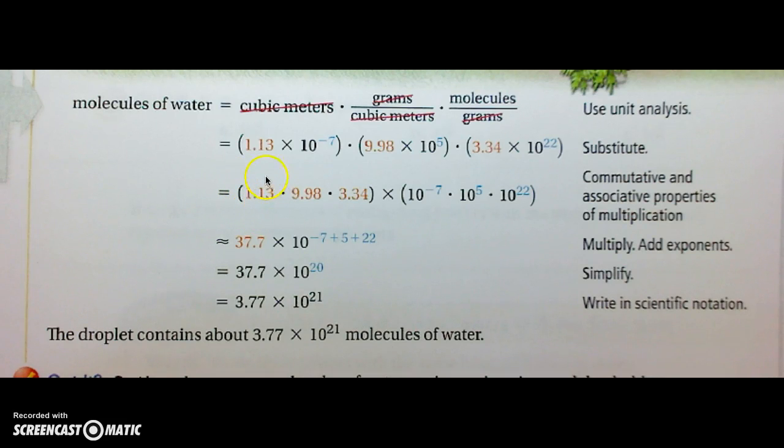So we can take these numbers here and multiply them, so put it in the calculator. And then here we have the same base of 10, so we take the negative 7 plus 5 plus 22, and we end up at 20. The droplet contains about 3.77 times 10 to the 21st molecules of water.